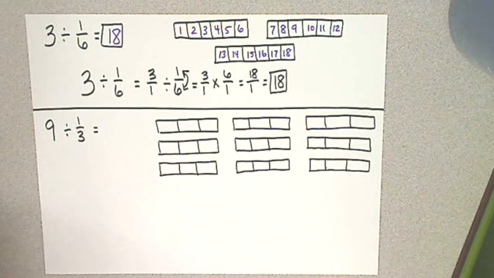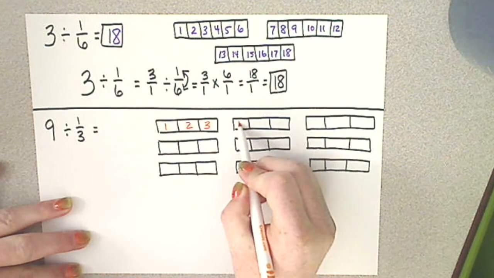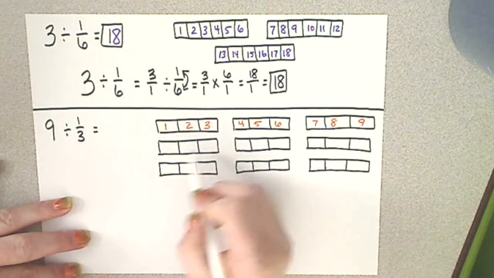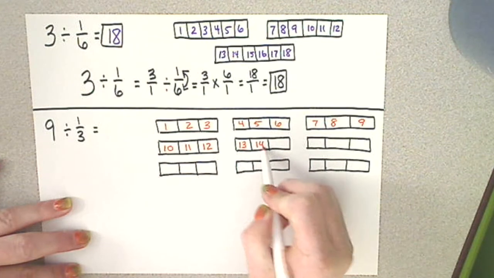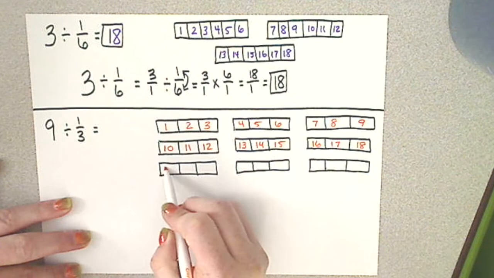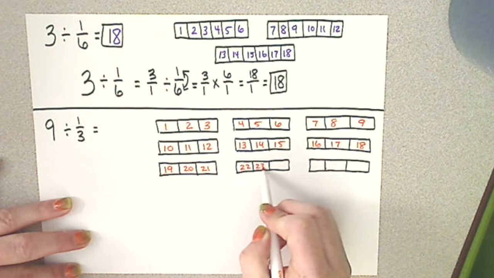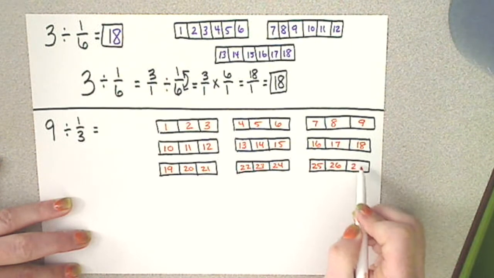And now I need to count how many thirds I have in 9 wholes. 1, 2, 3, 4, 5, 6, 7, 8, 9, 10, 11, 12, 13, 14, 15, 16, 17, 18, 19, 20, 21, 22, 23, 24, 25, 26, and 27.